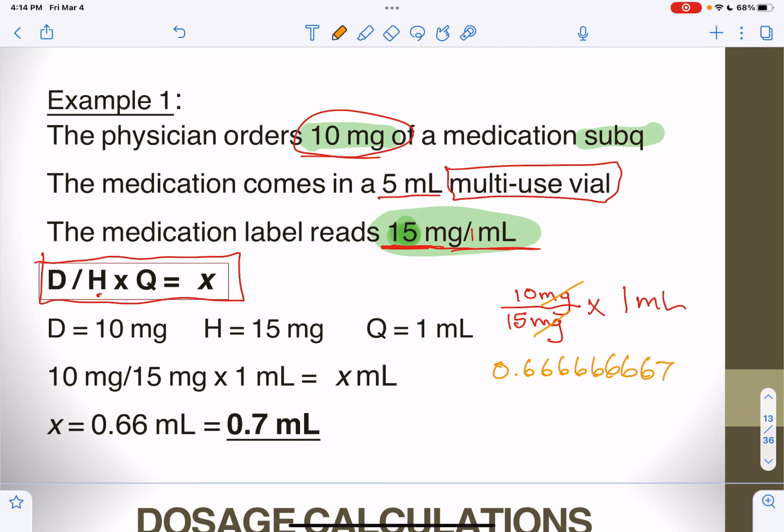That's a lot. Milliliters. Well, there's no way we can measure out that. So we're going to round it. Usually the nearest tenth is sufficient. Okay? So that's going to round up to 0.7 milliliters. That's how much of this medication we're going to draw up out of the multi-use vial and administer into the patient in order to give them 10 milligrams of the medication.